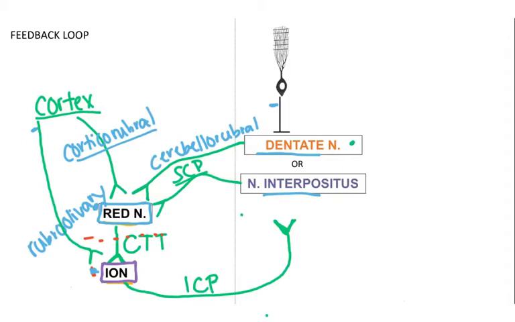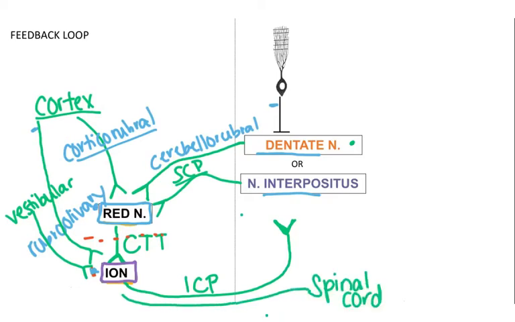It will also receive afferent information from vestibular nuclei and information from the contralateral spinal cord via a spino-olivary tract.